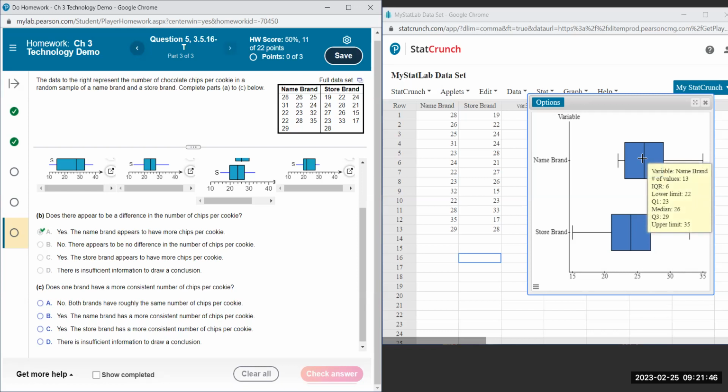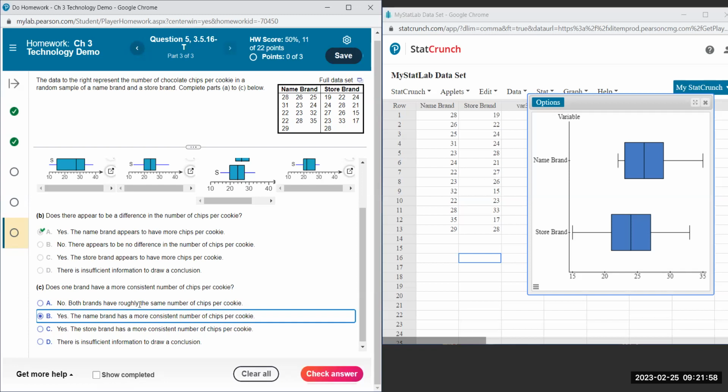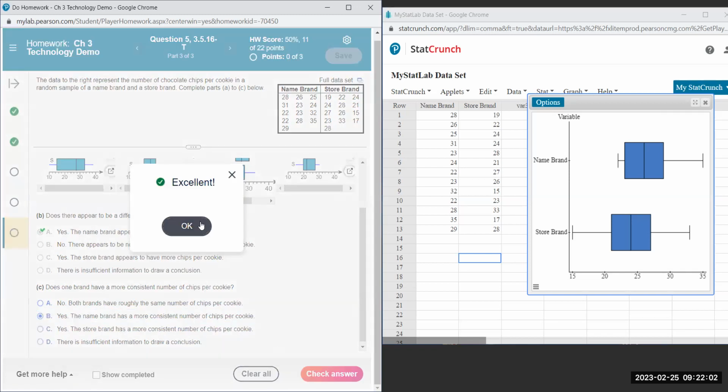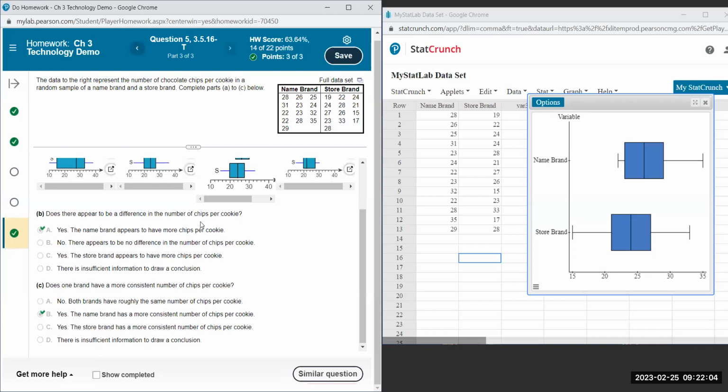I wouldn't really consider that a big difference, but I guess the cookies are small. To get 2 chips extra might change the flavor. I don't know. But if I chose yes here, let me click it first. Yes, the name brand seems to have a more consistent number of cookies. Okay, so that's how they're analyzing that particular question.